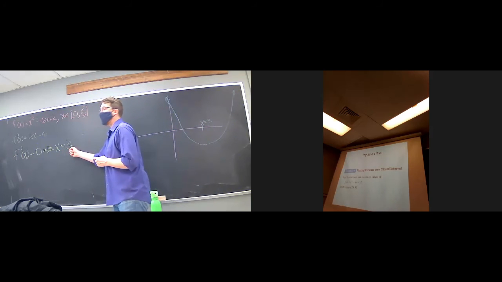And since we know that x equal to 3 is a critical point, that has to be where a parabola flattens out. So it's got to be the min here.